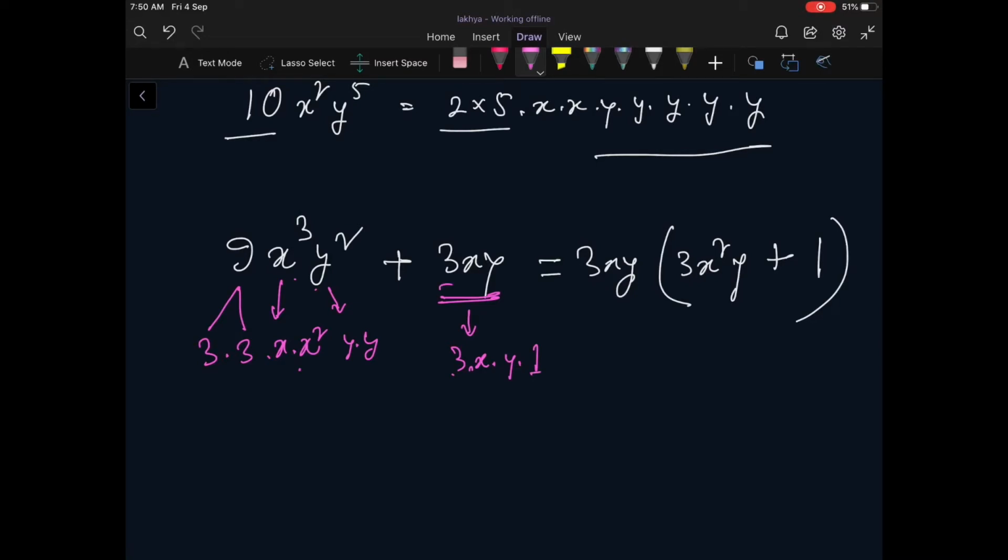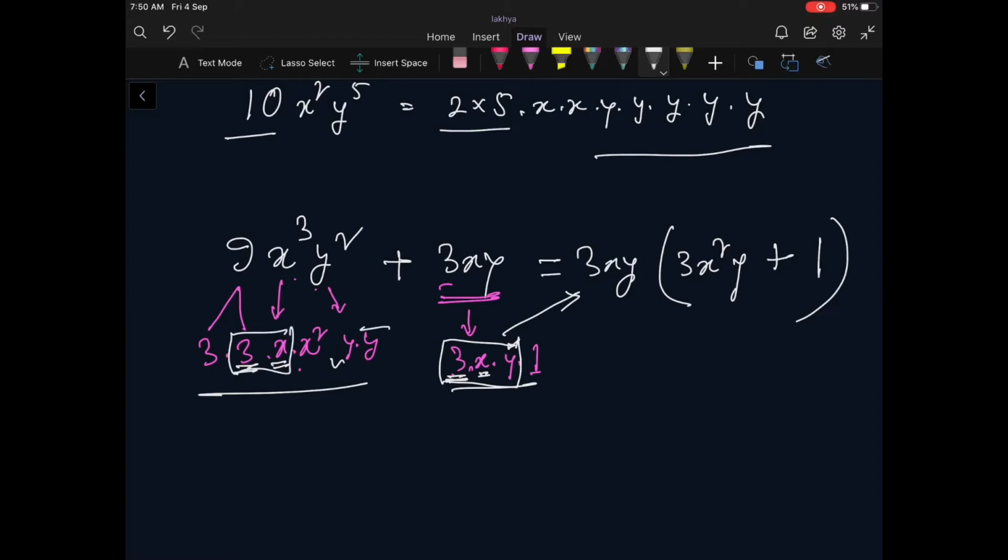Now from here what we have taken common, we have taken thrice xy common. If you compare both the terms, you can see this 3 is present in both the terms, and x is also a factor of both, and y is also a factor of both. So we have taken thrice xy common.